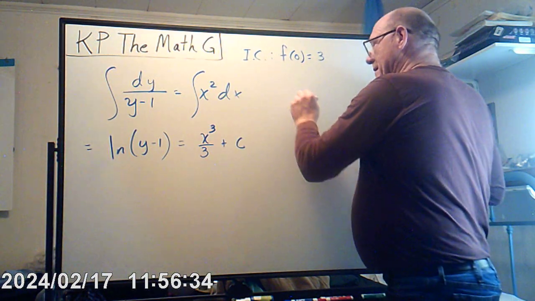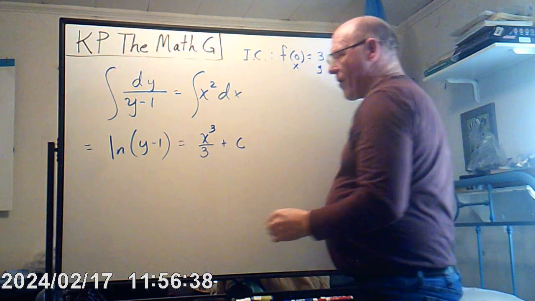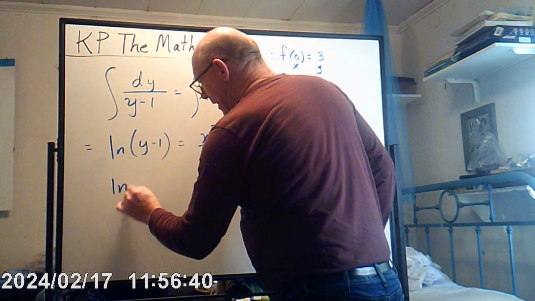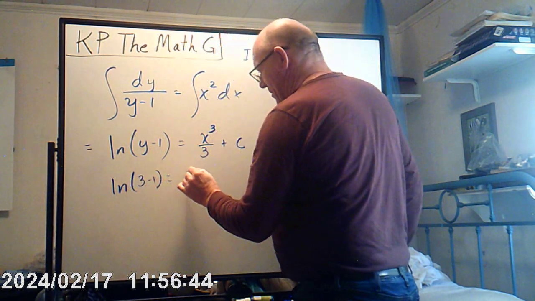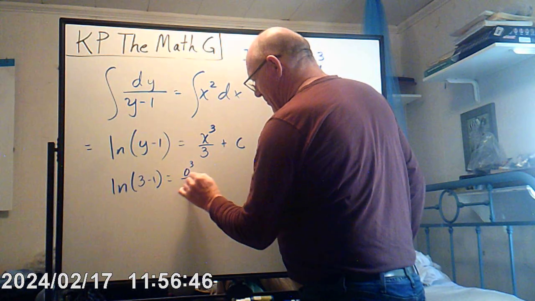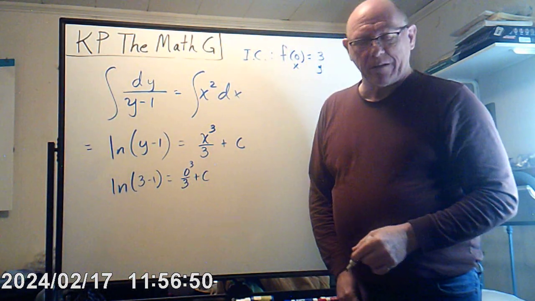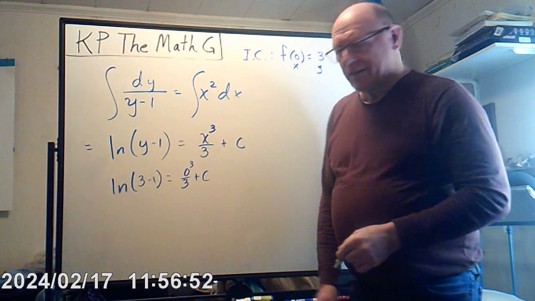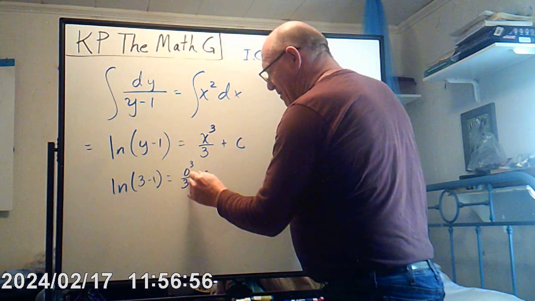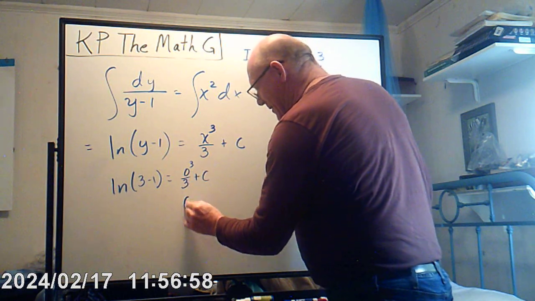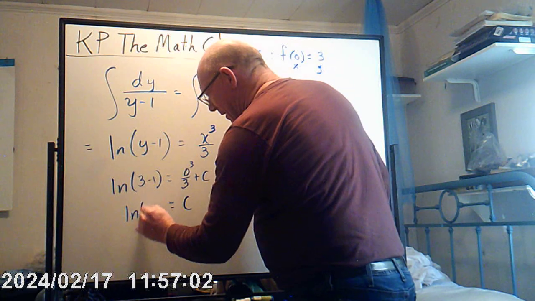Now x is 0, y is 3. So this is ln of 3 minus 1 equals 0 cubed over 3 plus c. Well, we know what that is. It's just c, because 0 cubed is 0 and 0 over 3 is 0. So this is just c, and this is ln of 2.